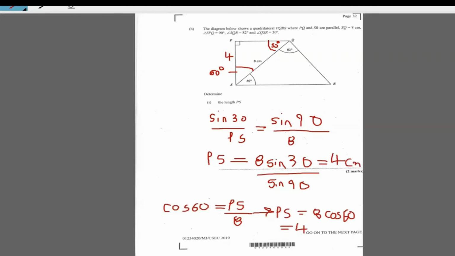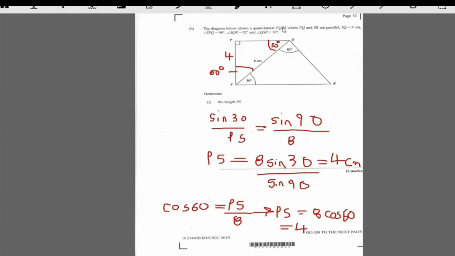So PS is 4. Now that we find that PS is 4, it asks for PQ. Given that it has 1 mark for PQ, let's just use Pythagoras' theorem. So 4 squared plus PQ squared is equal to the hypotenuse squared, which is 8 squared, which is 64.